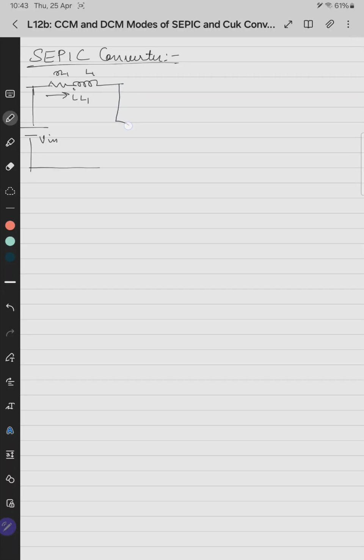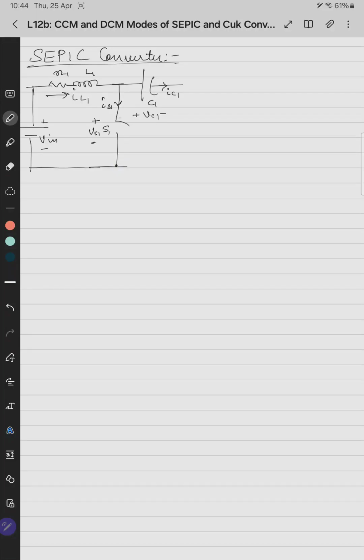After this we have a switch S1, then a capacitor C1. This current is IC1 and this voltage is VC1. This is IS1 and this is VS1. Vin and Iin equal IL1.